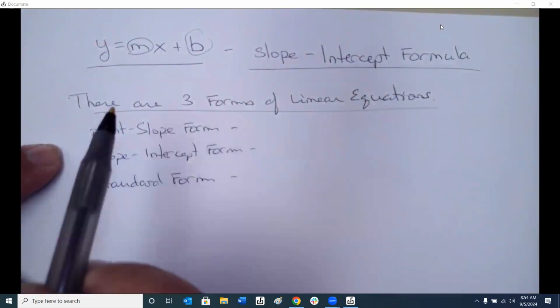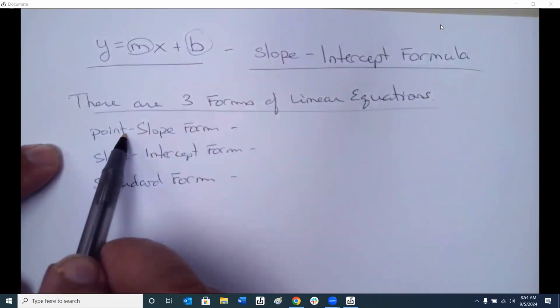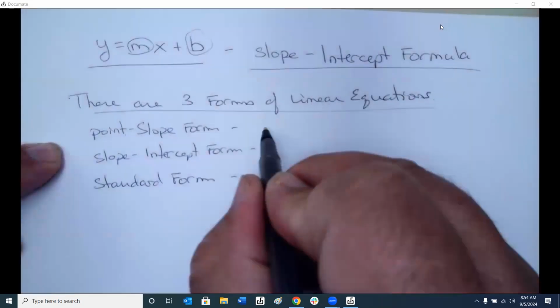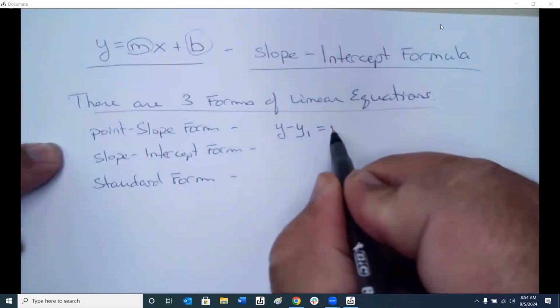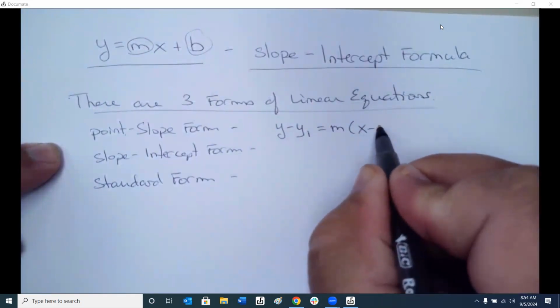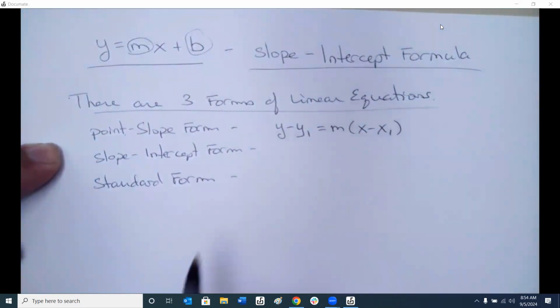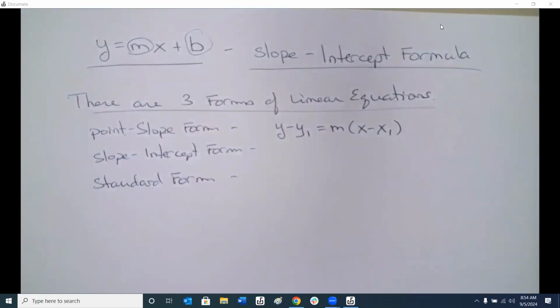The point slope formula, it deals with a point and it has to have a slope. So this equation looks like this. Now, can you see why they call it a point slope?